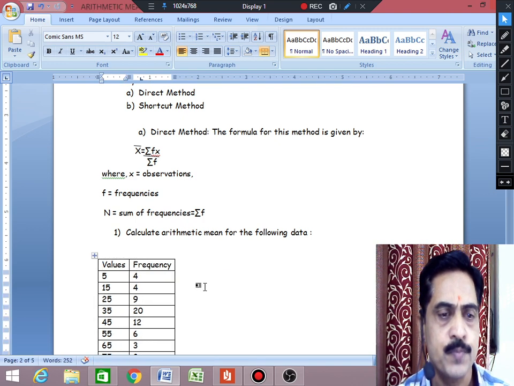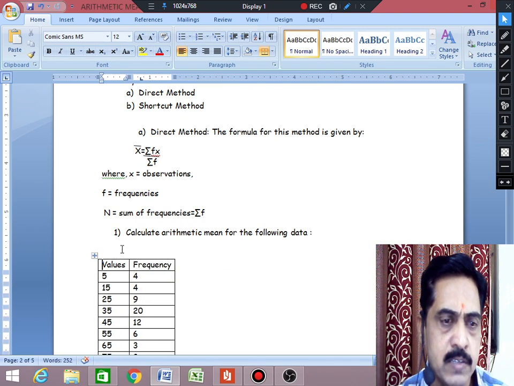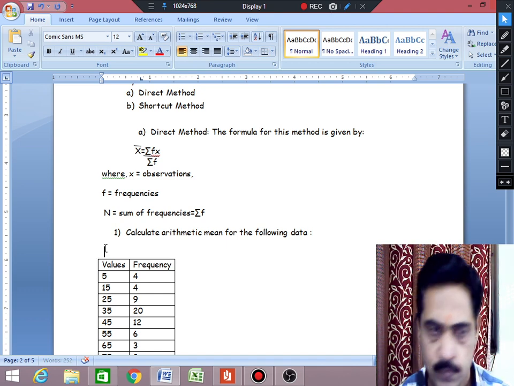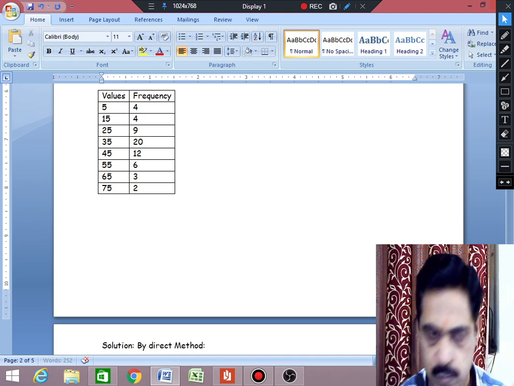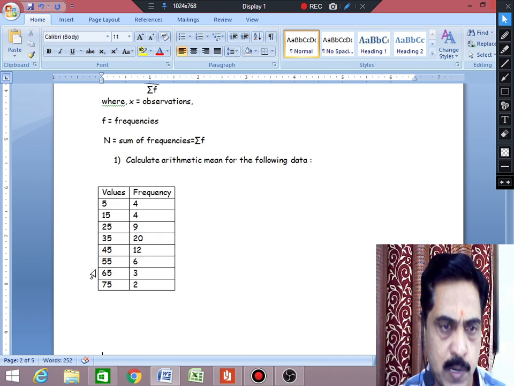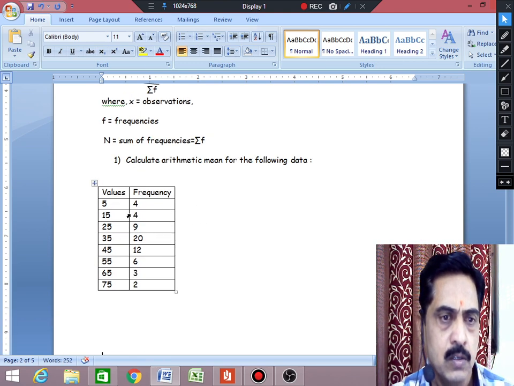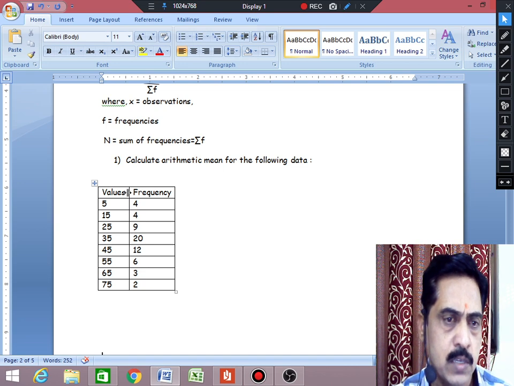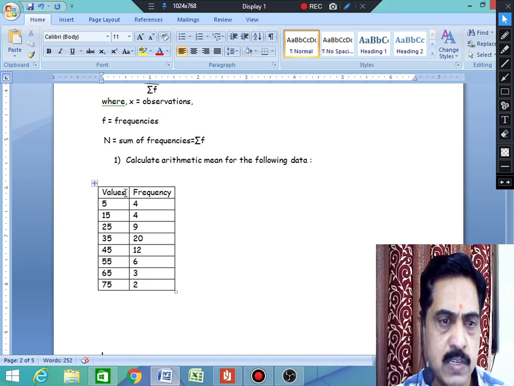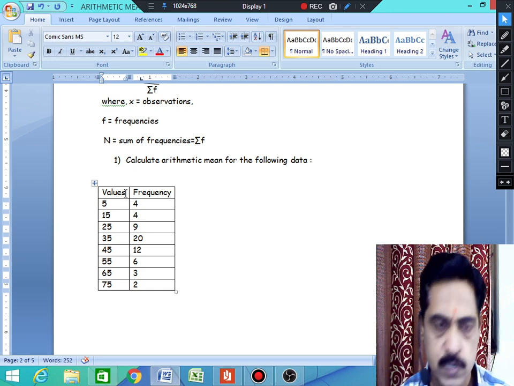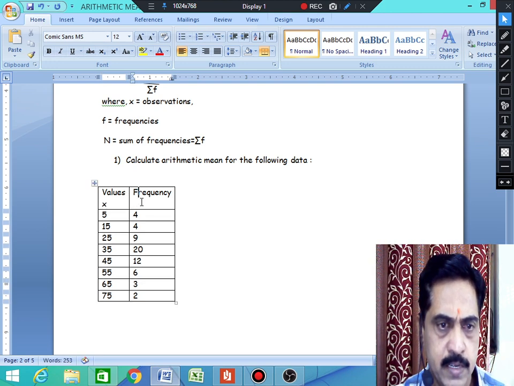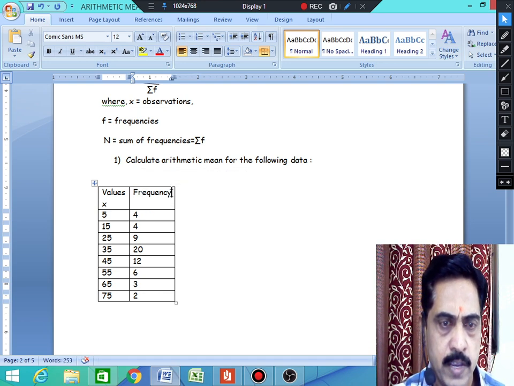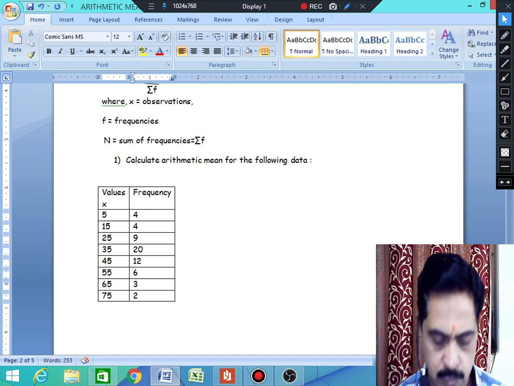That means values are given, frequencies are given. We have to find the x bar. So these values and frequencies are given. Let us denote the values as x and frequencies as f.